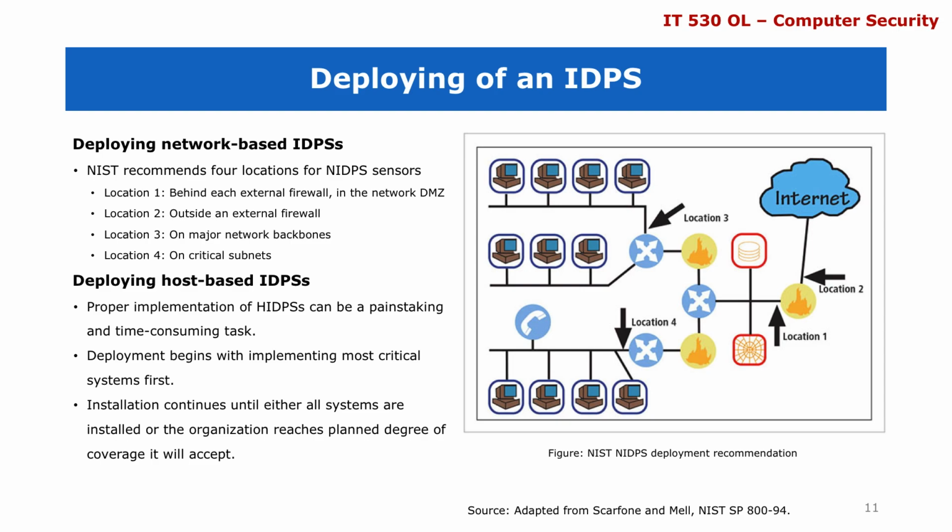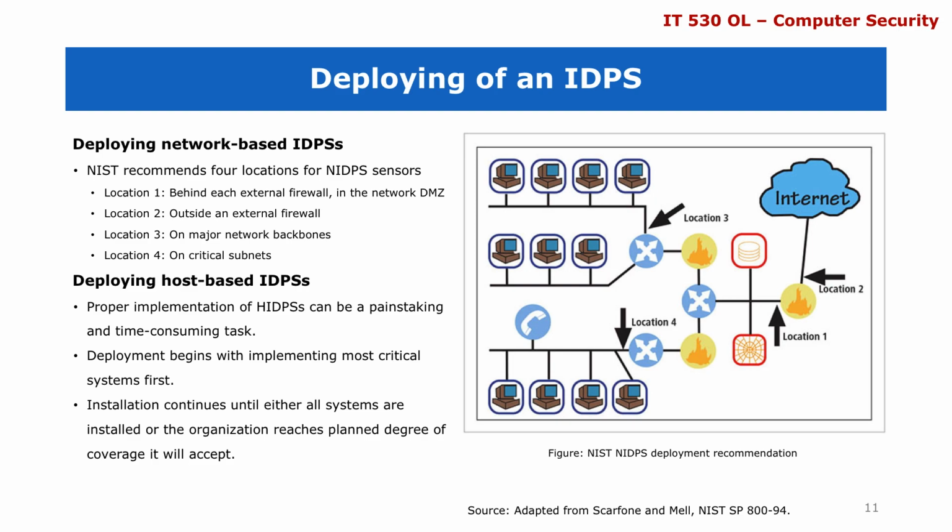Then the third is on major network backbones. That is, pretty much immediately after every firewall or router that is protecting a subnet. Then we have critical subnets, option 4, which is very similar to location 3.